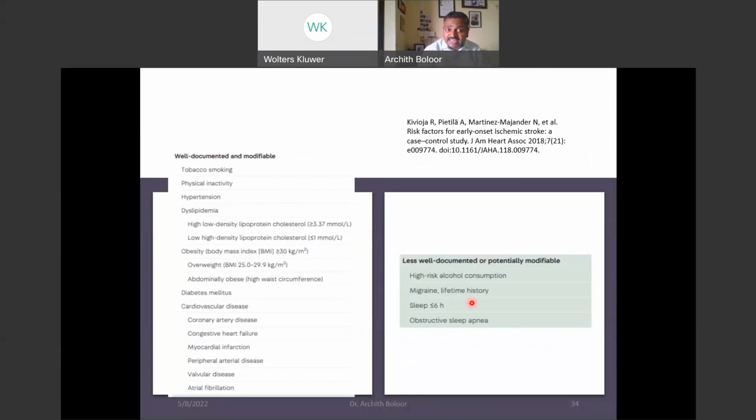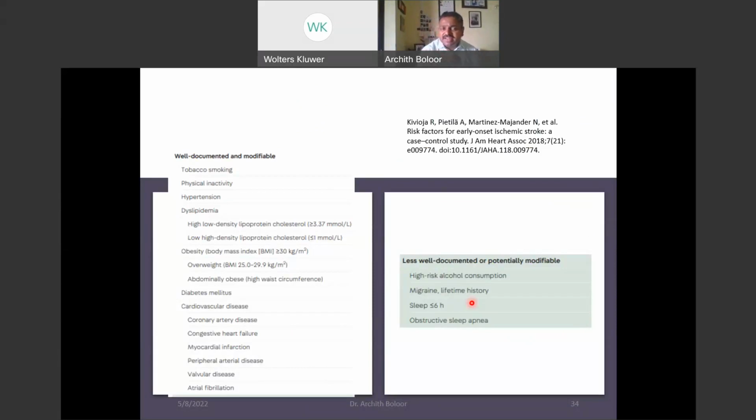As we said, there are the well-documented risk factors that have been described as early as 97. I showed you the article earlier where we had the modifiable and non-modifiable risk factors, which we have already described. As late as 2018, we had a study which specifically said the risk factors could be further defined.